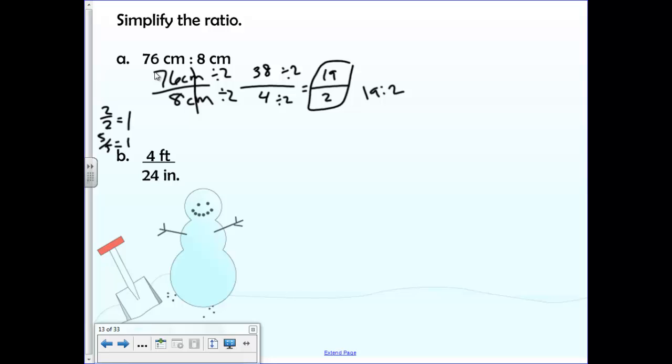How many feet in a yard? 1 yard equals 3 feet. 1 mile, ooh, nice, 5,280 feet in a mile. 1 kilometer is 1,000 meters. 1 meter is how many centimeters? If you have 1 meter stick, how many centimeters in a meter stick? 100?